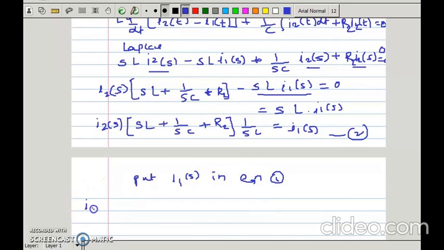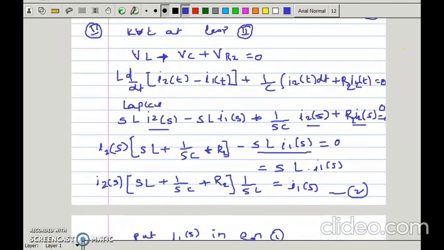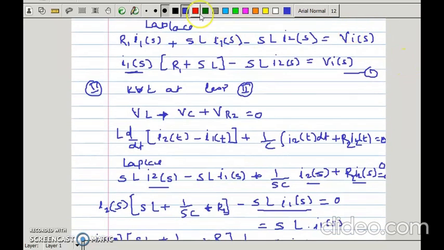So it is I2 of s, SL plus 1 upon SC plus R2, times 1 upon SL, into the R1 plus SL as it is.